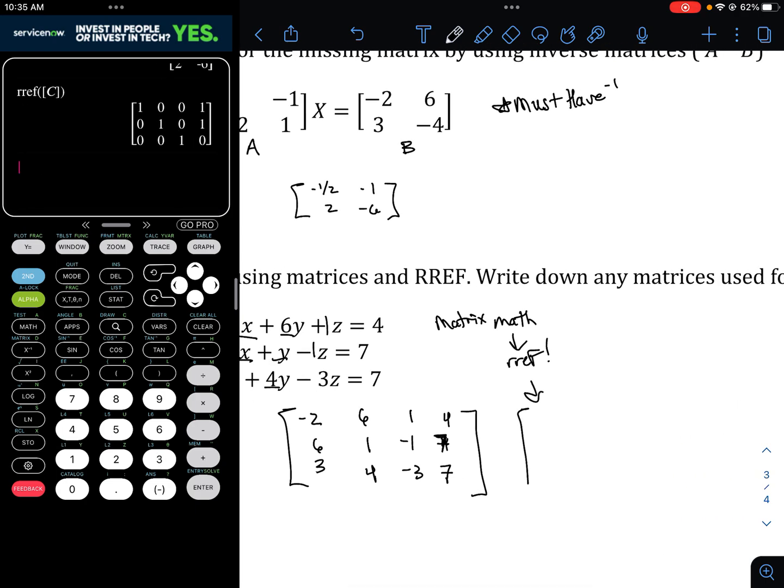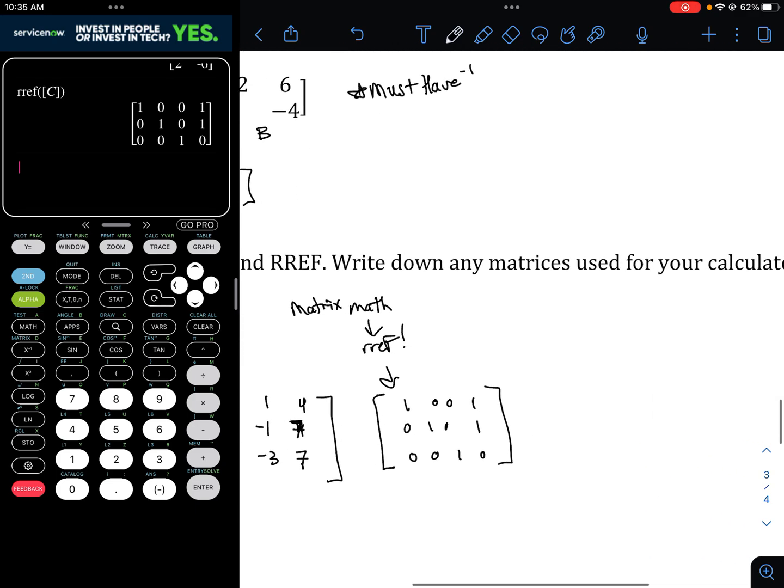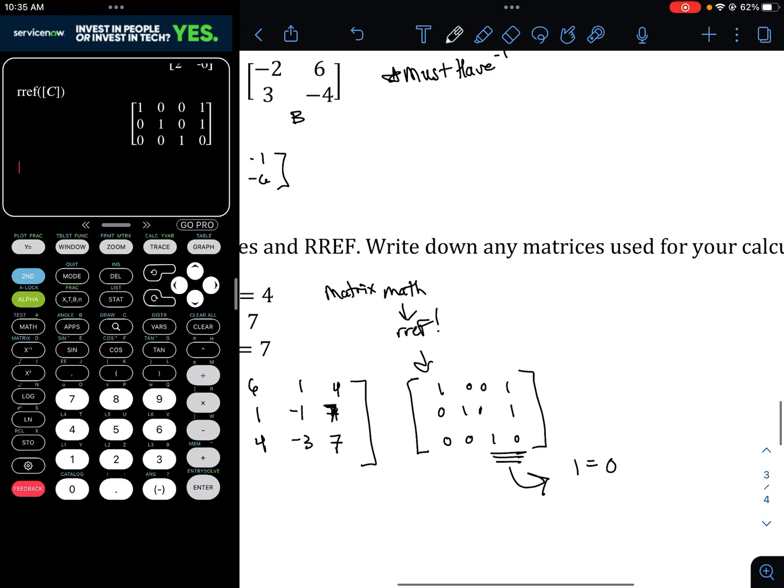Now, this is a special solution. 0, 0, 1, 0. I'm going to show you a few different things. 1 equals 0 at the end here. Okay, that's actually going to be our, what do we have? Z equals 0.